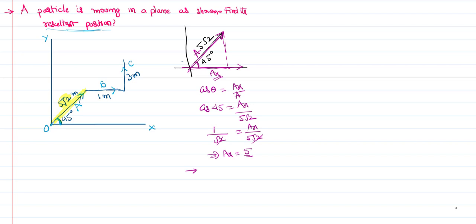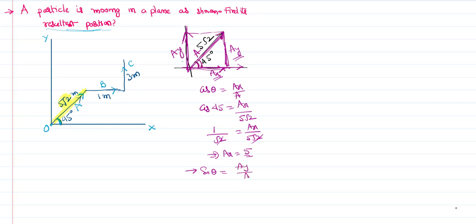Similarly, this is ax. How much of that vector is along the y-axis? This is the component along the y-axis, ay. That and this are parallel, so this will also be ay. I want ay. In the same right angle triangle, I can write sine theta, because ay is the side opposite to the given angle.